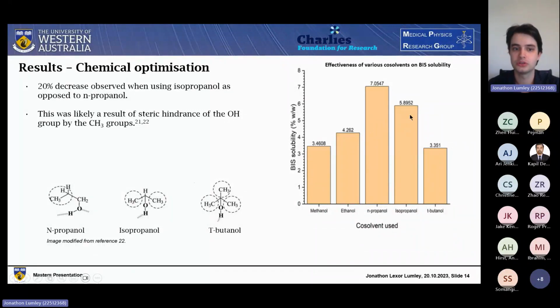This is likely due to a steric hindrance effect on the OH group by these C3H groups. These groups partially shield the OH group and lower its accessibility to form bonds with water, which makes it less energetically favorable to do so. So it is quite a significant effect, as we can see, going from N-propanol to isopropanol to T-butanol.